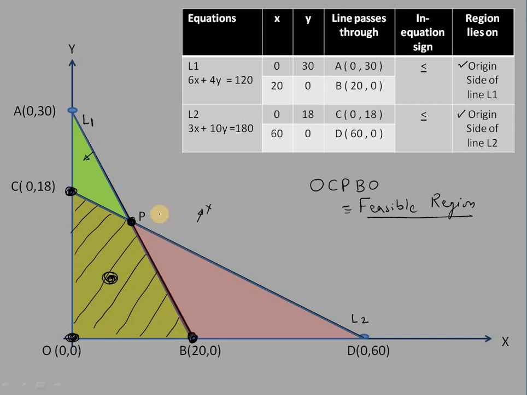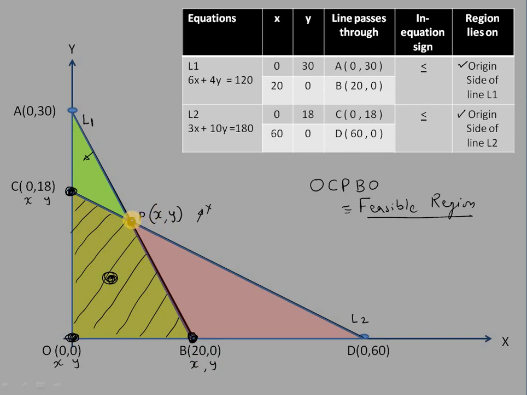Understood? So this is X, this is Y: number of tables, number of chairs. Point P also will have some coordinates, number of tables and number of chairs.